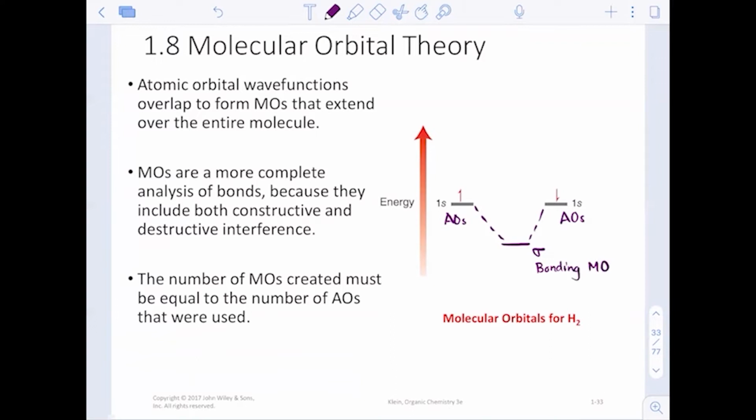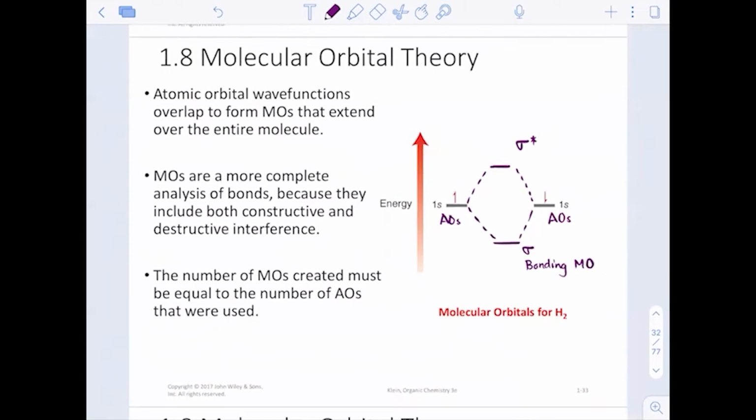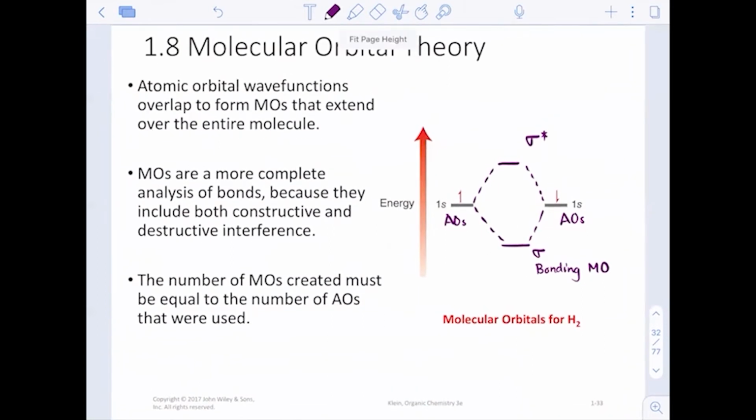But when I put two things together, I always get something that is destructive as well. I get the constructive, which is bonding, and I get the destructive, which we'll call the sigma star, with a little asterisk up there. Sigma star is how we phrase it, or we call it the anti-bonding.